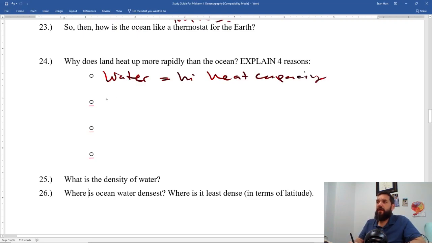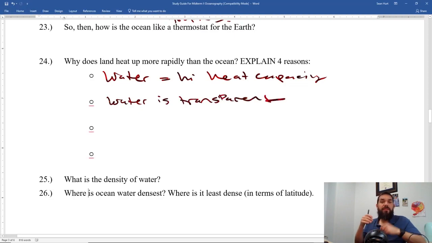Another thing is that water is transparent, or maybe translucent. So we'll put transparent here. That means that when the sun shines on the water, it's not only heating up the top inch, it's heating up about the first 1,000 feet of the ocean. So it's heating up a lot of the ocean.